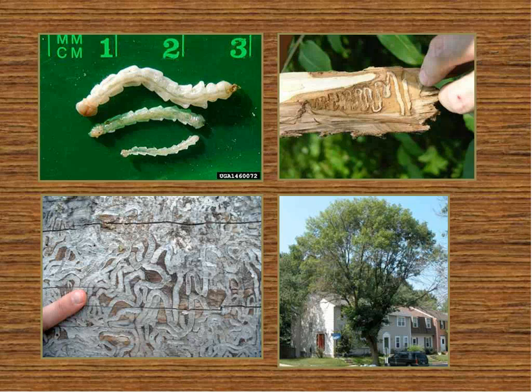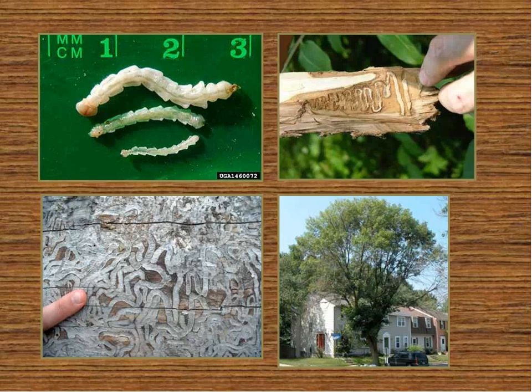It's no longer able to move nutrients up and down, and essentially dies. And then the final picture there is just a tree that has a moderate level of emerald ash borer infestation, and you're starting to see some canopy thinning and crown dieback.